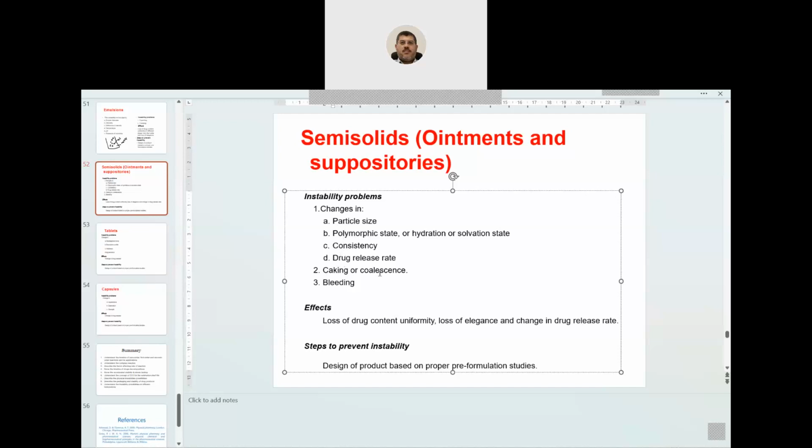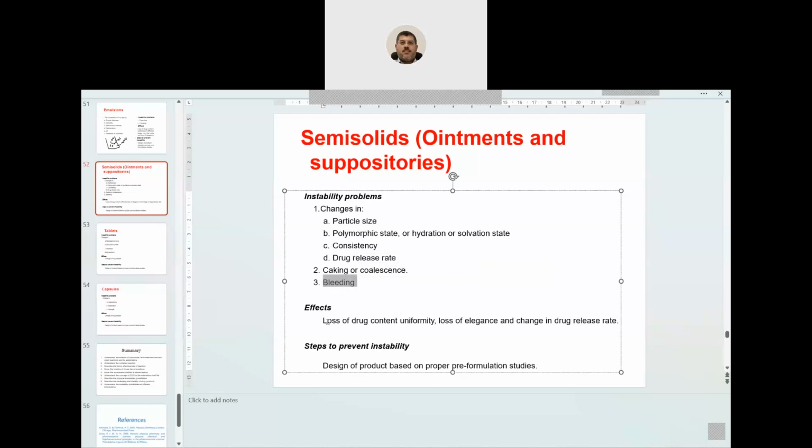There may be some coalescence if you have an emulsified base like creams, and there may be bleeding, meaning there will be a leak of the active ingredient from the ointment base. Okay, this is the bleeding, no blood, just the active ingredient will separate. Or you mix some oily bases together, and then they will separate with time, so the liquid ones will bleed out. This is what we call bleeding.